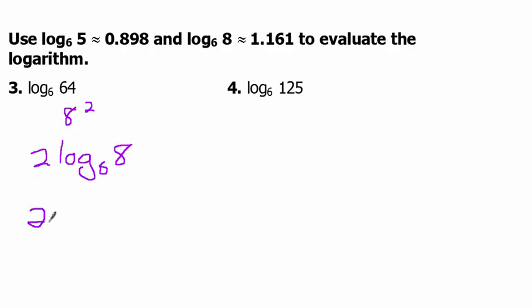Oops, why am I doing that? I could also write them out as multiplication, and I would be doing 1.161 plus 1.161, so that's going to be 2.322.